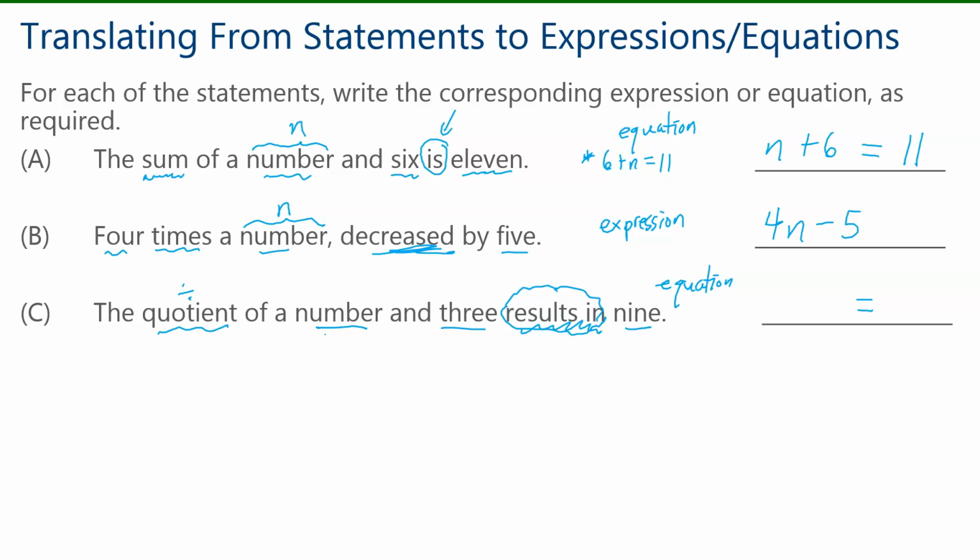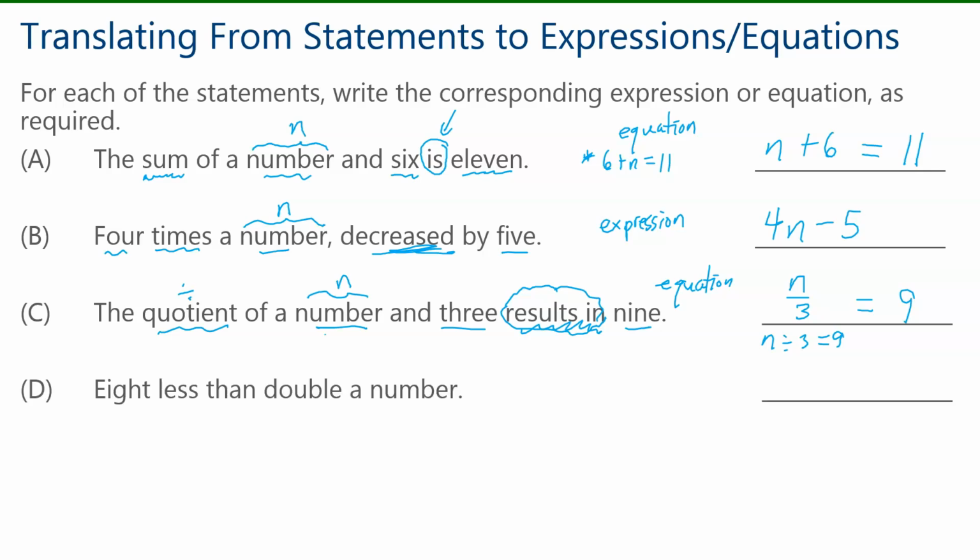So the quotient of a number and 3, I'm going to write my division as a fraction. So n over 3, or n divided by 3. And again, I've used n as my variable. Results in 9. So n over 3, or n divided by 3, equals 9. If you happen to put in n divided by 3 equals 9 like that, that's quite all right as well.